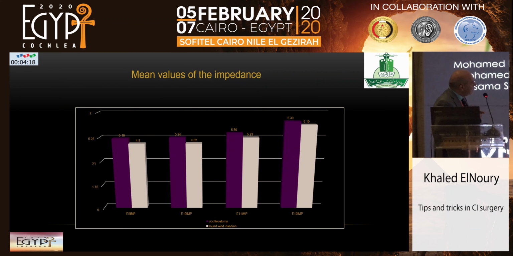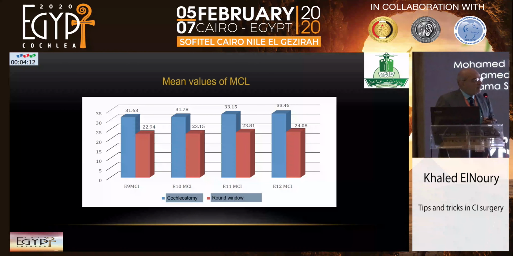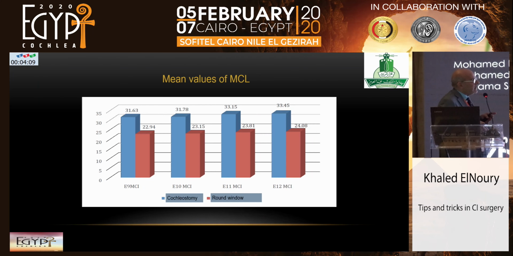There was a higher level, and it goes higher as you go more basally. If you look at the MCL after one year, when everything is stable, we found that the cochleostomy, the blue one, has a higher number than the round window, and it gets higher as you go more basally.